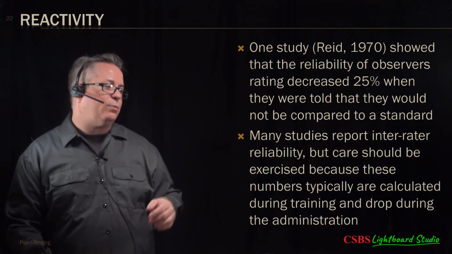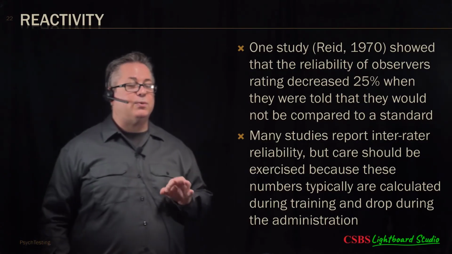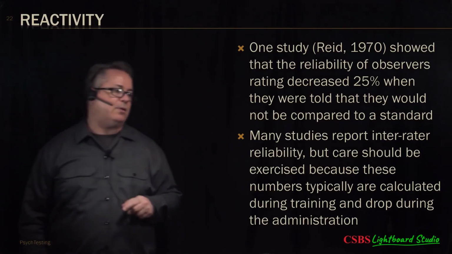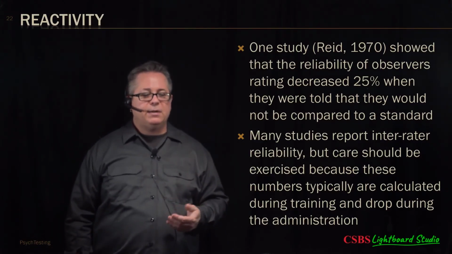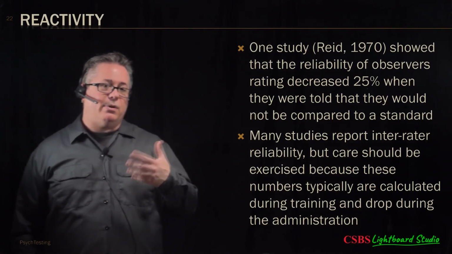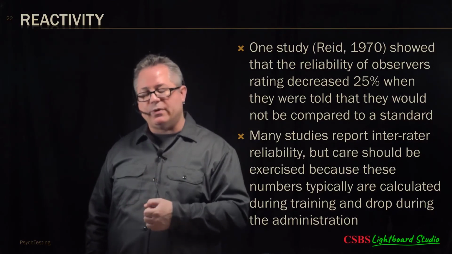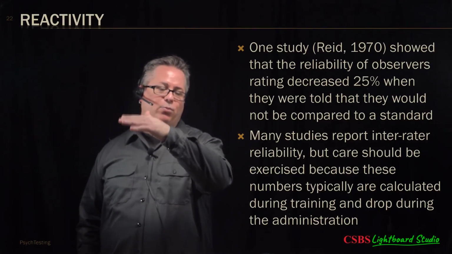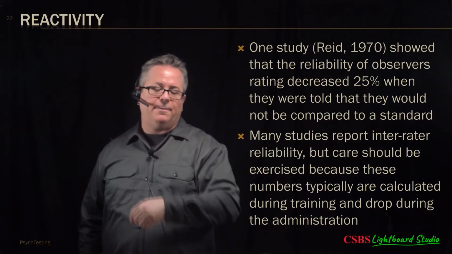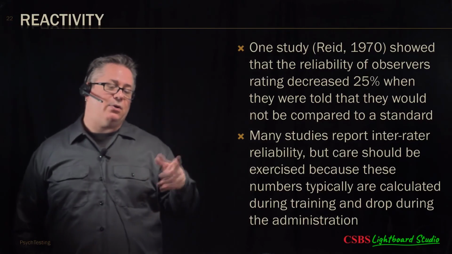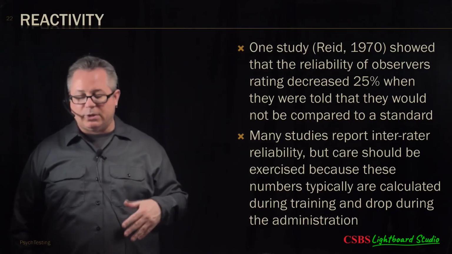Many studies report inter-rater reliability, but care should be exercised because these numbers typically are calculated during training and drop during the administration. So what does that mean? We have judges go through training and we say, okay, we trained them and got them to a point where they're at like 0.85 or 0.9 reliability. Cool. Then they went and did the study, and they don't actually measure their inter-rater reliability during the study.